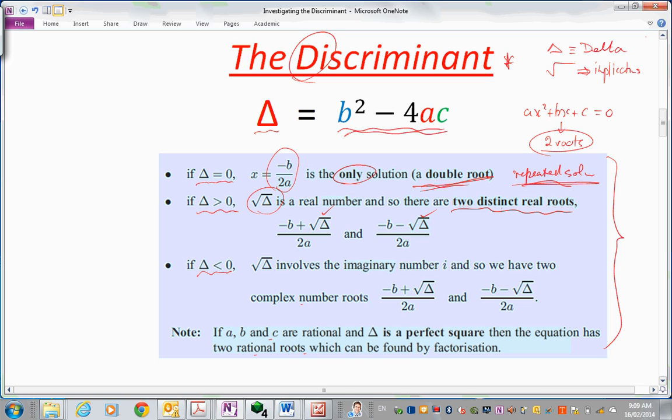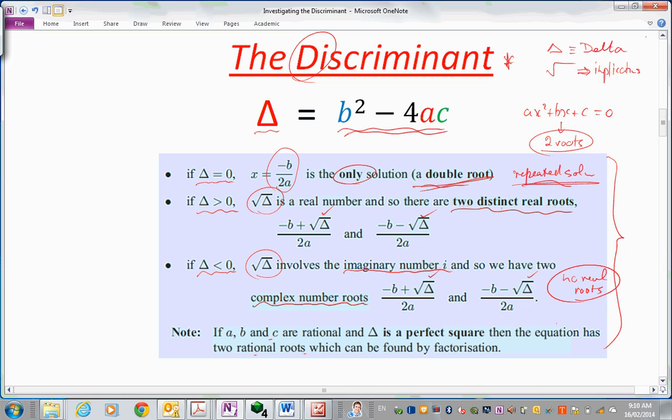If the discriminant is less than naught, or negative, you can't find the square root of a negative. So in this course, we could say there are no real roots. If you go on, there is a number, the imaginary number i, which is used to represent the square root of neg 1, and that's called complex number theory, and you could have complex number roots, neg b plus that and neg b take that.